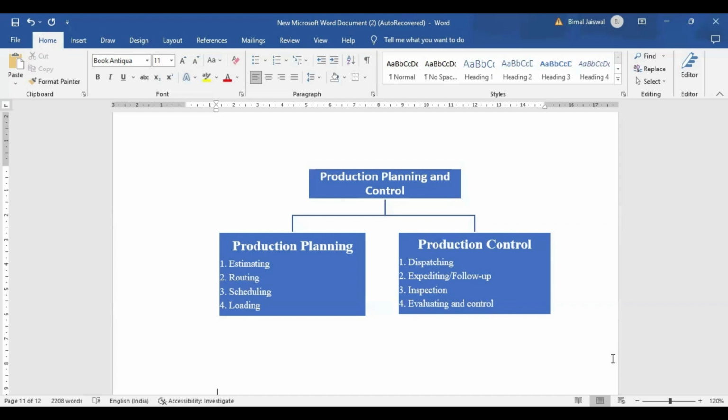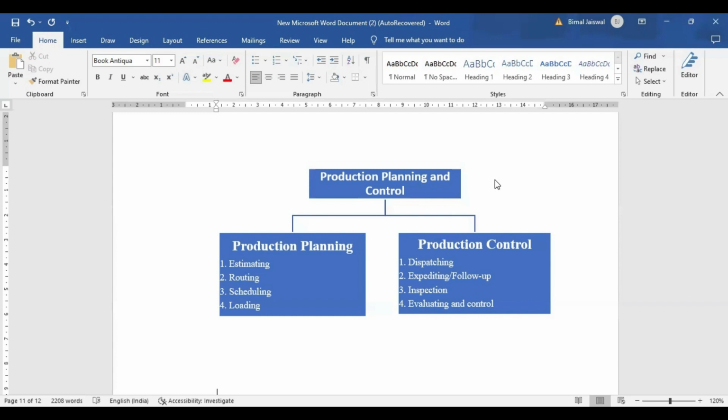A regular inspection has to be done. Nothing can be cleared from the production department until and unless a proper inspection has been done. There are a number of ways of inspecting, depending upon the nature of the goods itself.